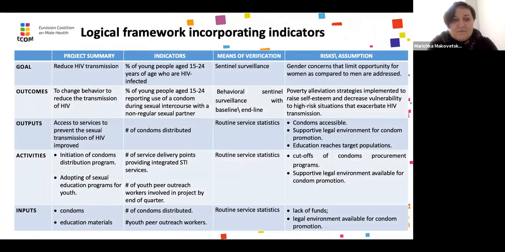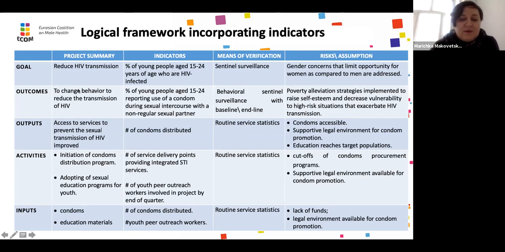I did a small log frame for you to show how different indicators may work together and how you may examine your program. So let's start from the bottom and go up to the goal.